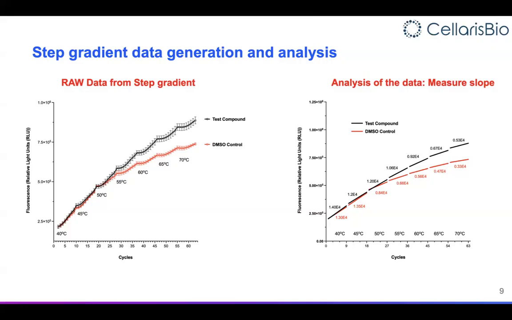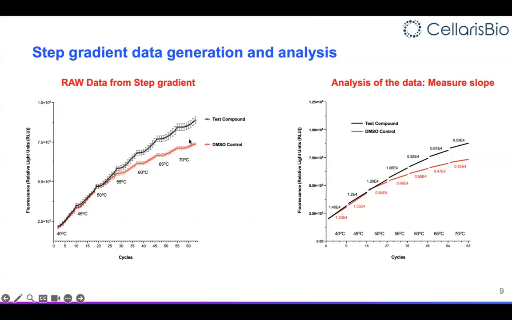But in the presence of the test compound, which is the black line, you start to see a continual increase in fluorescent signal, which is due to the stabilization of this microtagged target by the test compound.